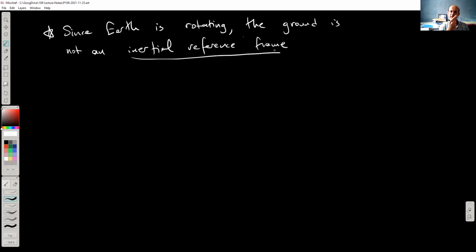We are in an accelerated reference frame. So relative to us, it looks like nothing is moving, but we are actually accelerating, all right? So as a result, we have to somehow take this into account and make a correction. So how can we correct this?